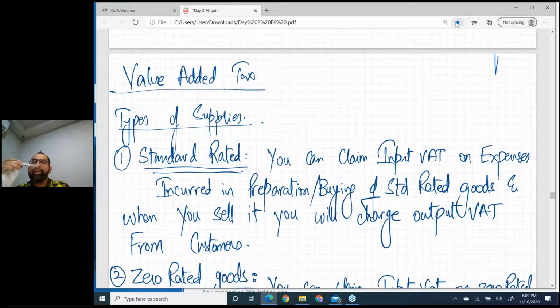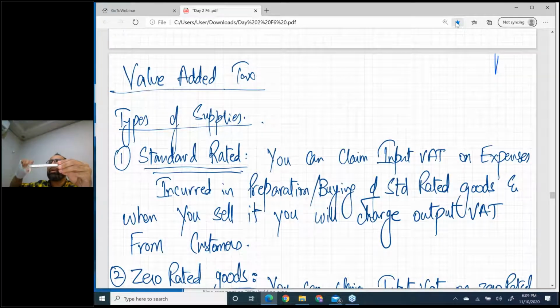And the second thing, when you sell this standard rated good to any customer, you will charge the normal 20% output VAT. So what is a standard rated good? I repeat, let us say this pen is standard rated.